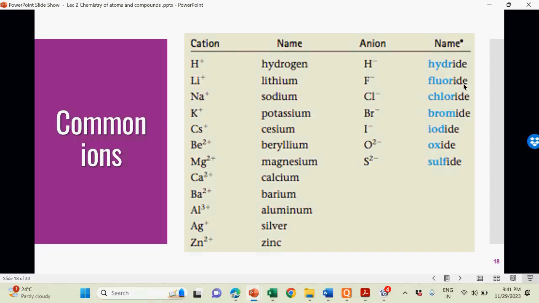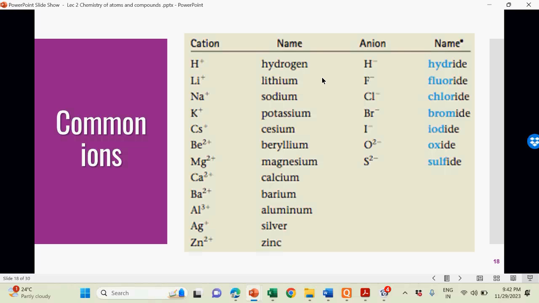Fluorine will be named fluoride. So we change the suffix of the name of the element to -ide, which stands for the anion form, the element which has accepted one or more electrons. These are known as the single ionic compound elements, or singular ionic cations or anions.